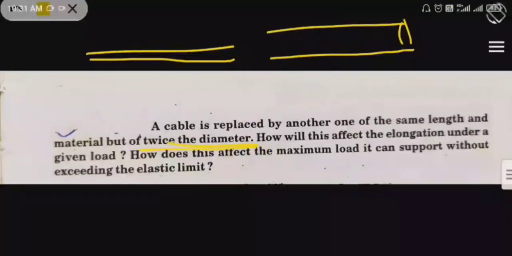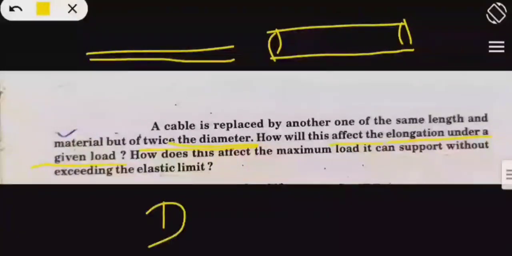The length is the same but the diameter is different. How will this diameter affect the elongation under a given load? That means this question is asking us for the expression.